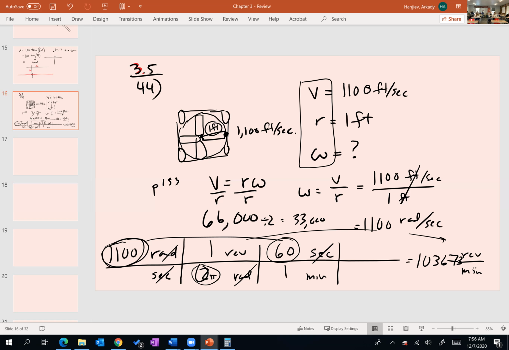Yeah, me too. Okay, now we're good. So you're multiplying by pi instead of dividing by pi. Tell me the answer here. 10,504. Revolutions per minute.